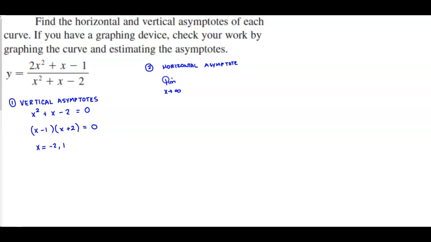So we're going to find the limit of 2x squared plus x minus 1 divided by x squared plus x minus 2.